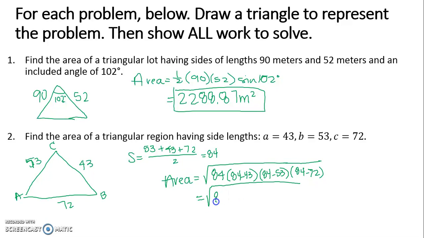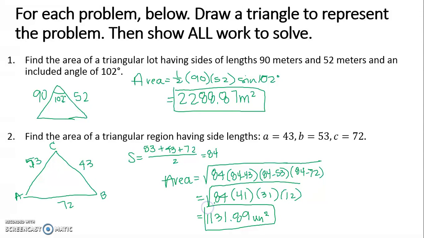So if you wanted to go straight and type in 84 times 41 times 31 and times 12, that would be fine. When I do that square root though, I'm getting 131.89, and whatever my units were, we'll just say units squared. Meters would be meters squared, feet would be feet squared, so forth.